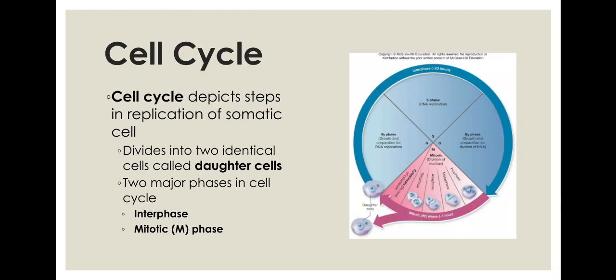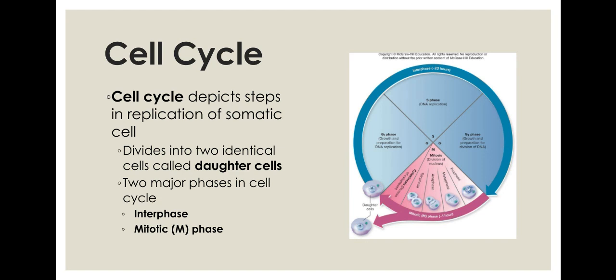When we talk about mitosis, and to some extent meiosis, we need to talk about a cell cycle. And that is just the steps that are in the replication of somatic cells. It is how we are going to divide a cell into two identical daughter cells.